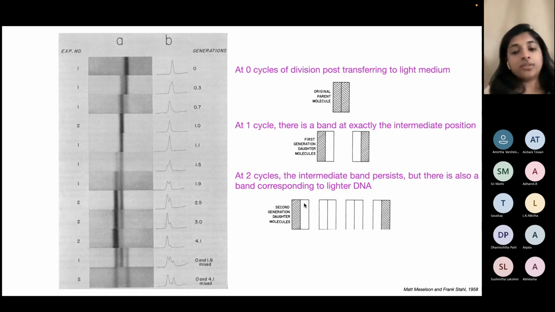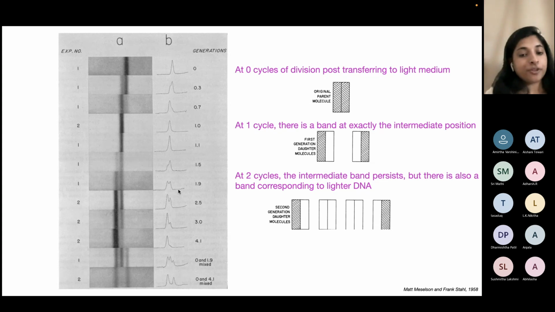Because of this, there is one band corresponding to the intermediate region, from these two DNA molecules, as we can see here, and there is one band from the entirely light DNA. Now, these two bands are of equal intensity because they are in a 1:1 ratio.